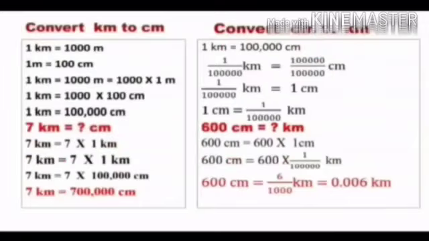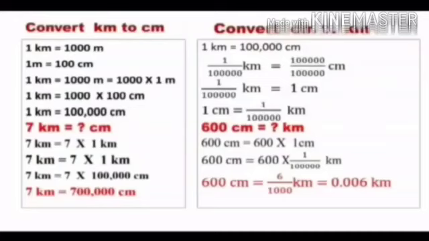I will let you understand how to convert kilometer into centimeter and centimeter into kilometer. First, we do the conversion of kilometer into centimeter. The basic relation between kilometer and centimeter we see from a small derivation.